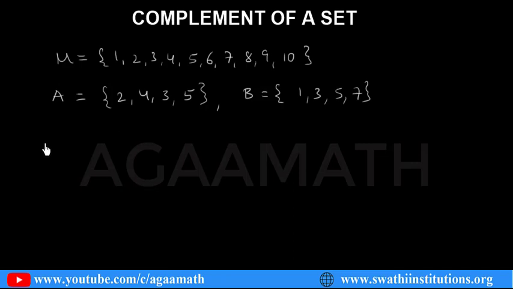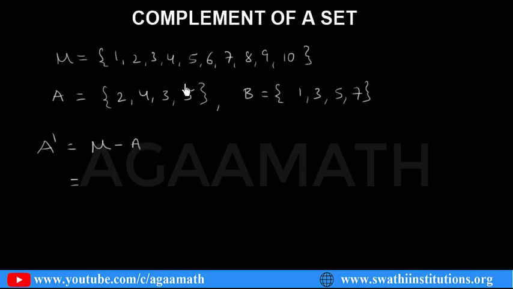Now the question is A complement. How do we find A complement? A complement is nothing but mu minus A, which means only in the universal set but not in A. We have to take the elements which are in the universal set but not in A.